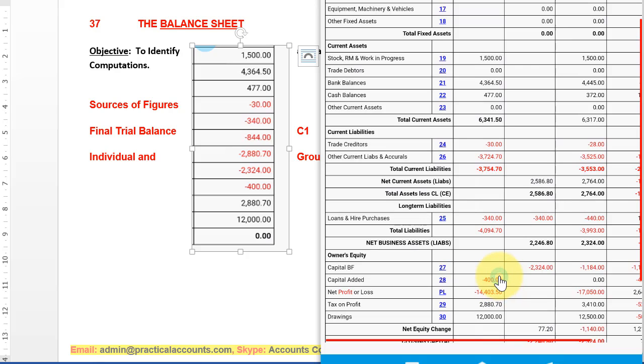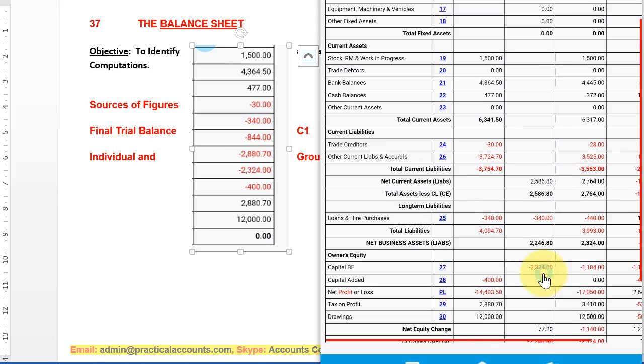Now the 2324 is a sum. Wait. This 2324. Okay, the 12,000 is here. 2880 is there. Now we've got the 14403 coming from the profit and loss account, and then we have that 400 there. That 2324 is an opening capital there.